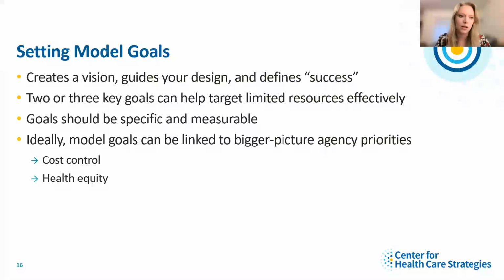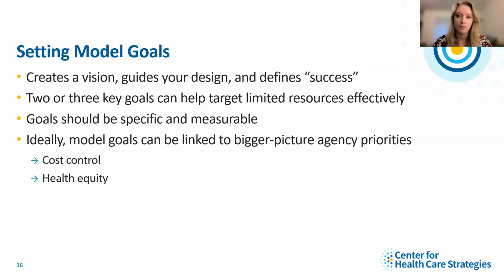So it's really helpful to think about narrowing down onto a couple of key goals, 2 or 3, that can help you in the state target your limited resources effectively. You, if you're a payer, or you, if you're a provider participating in the model, also can use the goals to target your limited time and resources effectively.